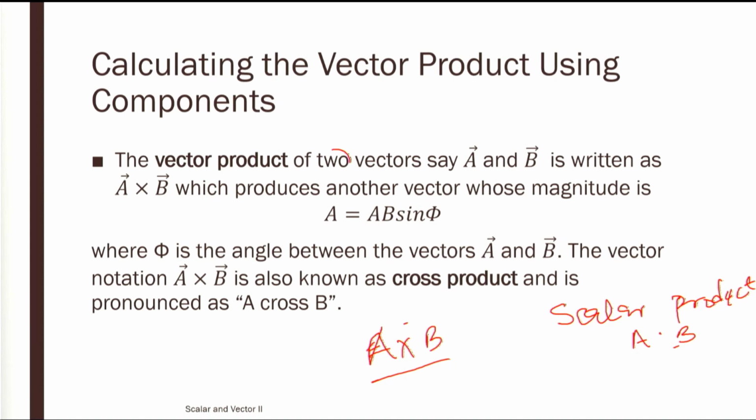So what we should know is that our important formula is A cross B equals AB sin theta, while A dot B is AB cos theta.